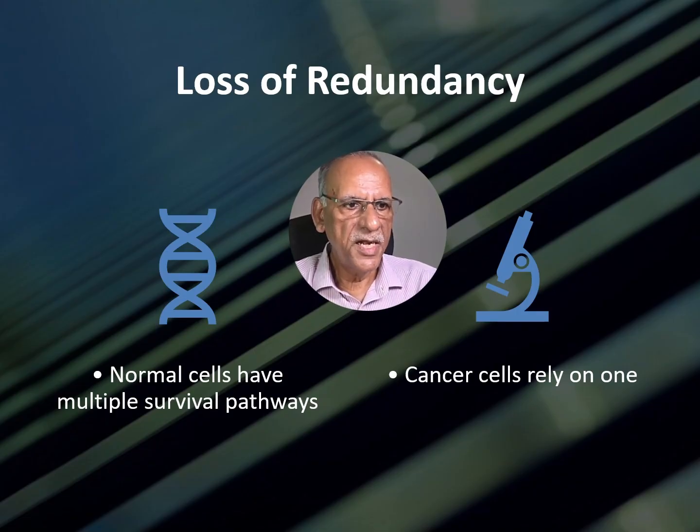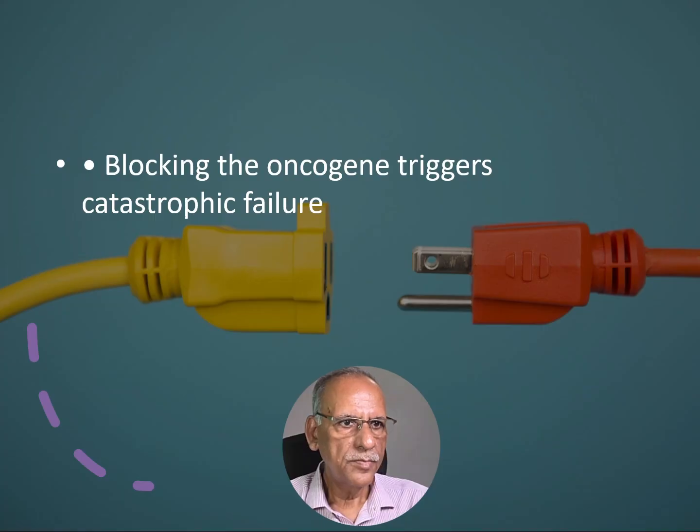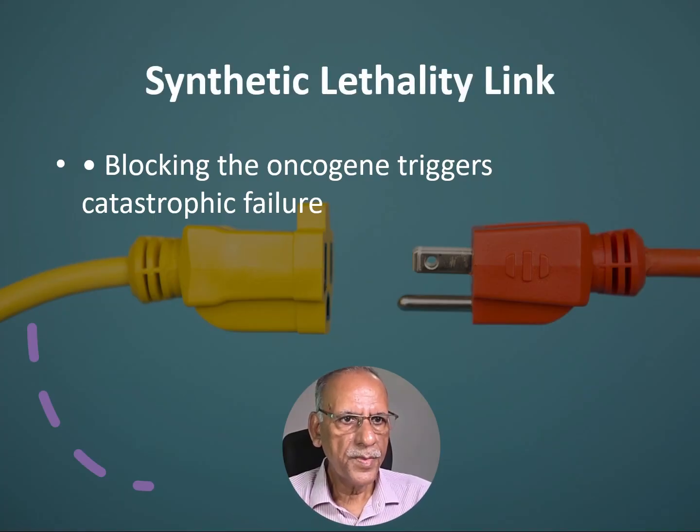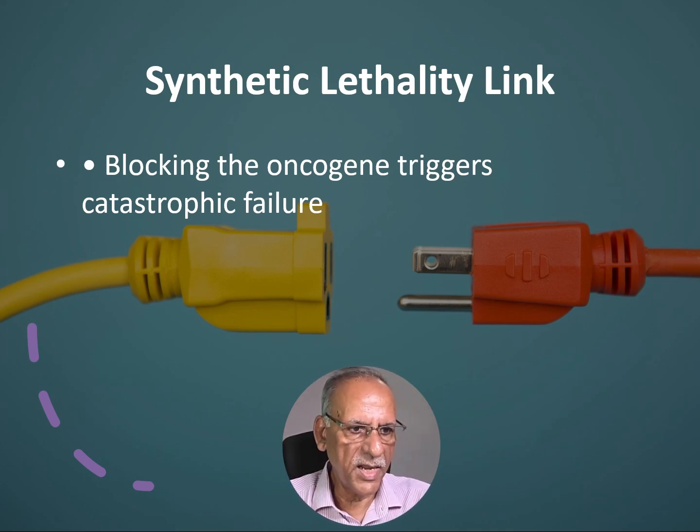As I mentioned earlier, the normal cells have multiple survival pathways, whereas cancer cells rely on this particular oncogene. Similarly, I mentioned the synthetic lethality link. So blocking the oncogene triggers a catastrophic failure and the cells start dying, maybe through apoptosis or other mechanisms.